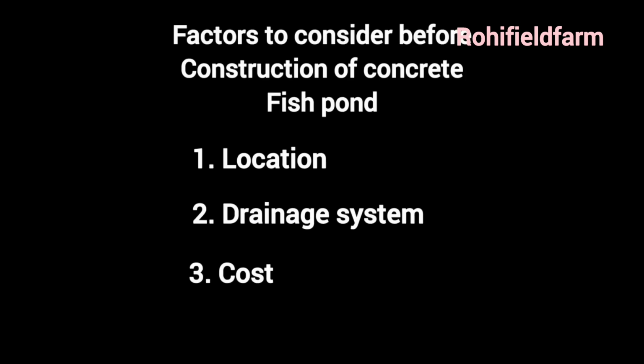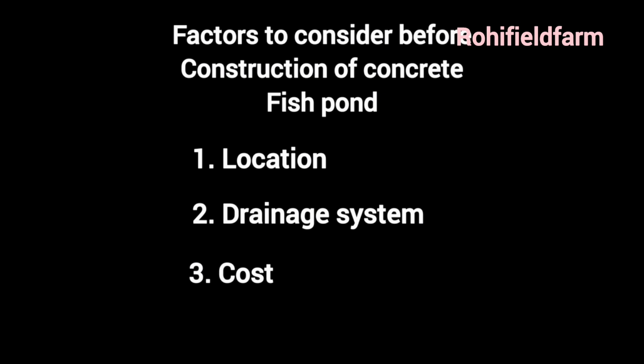What we are going to look at now is the factors to consider before the construction of a concrete fish pond. The number one thing we are looking at is the location. The location is not a determinant factor because it can be constructed anywhere.